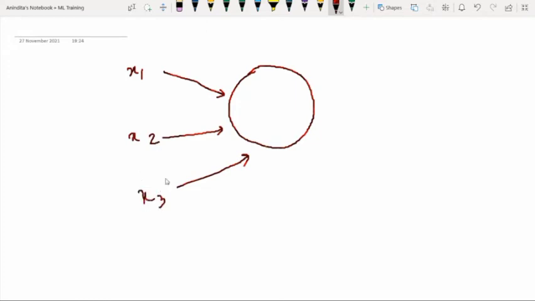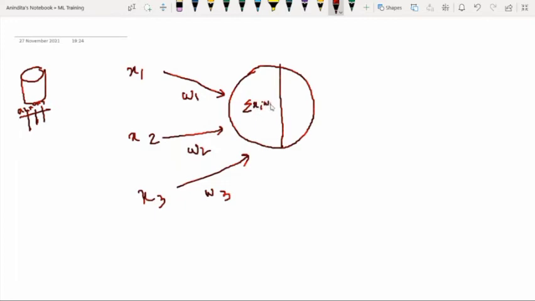Here I'm writing 3 inputs, so you can visualize conceptually that in the data set we have three features, x1, x2 and x3. Definitely each and every feature should have weights associated with it. Here we are performing a two-step task. One is the weighted sum, that is xi and wi, and here we are performing the sum function. Whatever we are calculating over here, we are applying a function on it.